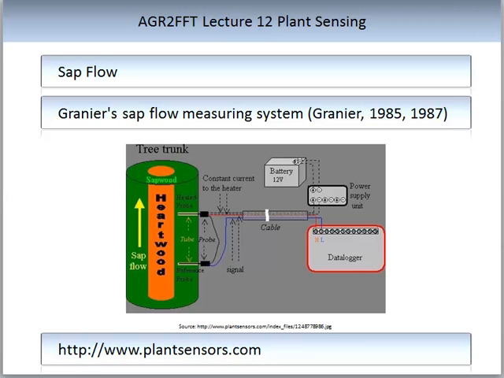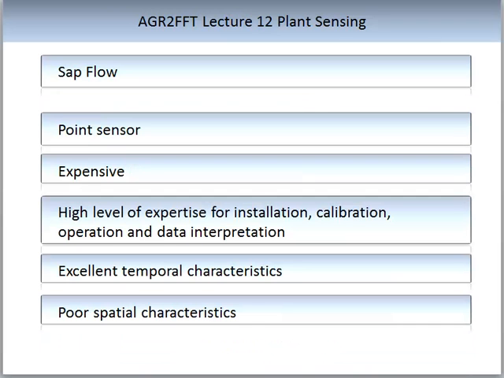There are many commercial examples of sap flow measurements now available. Sap flow is regarded as a point sensor. That is, it measures the flow of water in the plant at one point. This equipment tends to be on the expensive side. There is a high level of expertise required for installation, calibration, operation, and data interpretation.